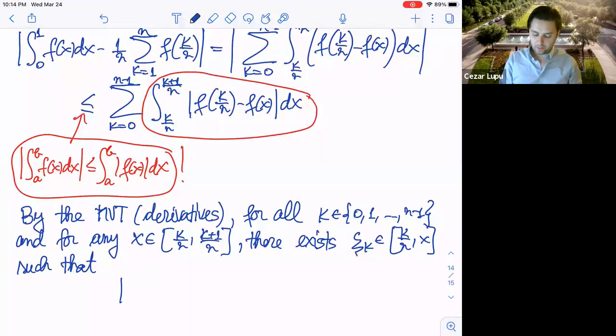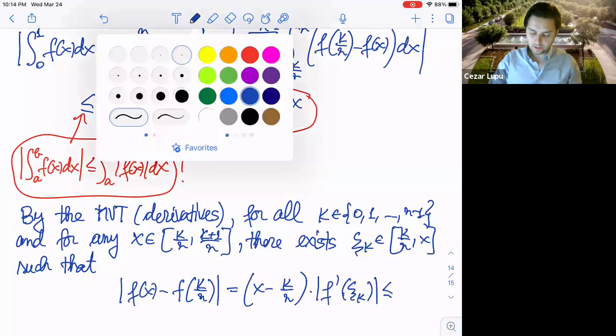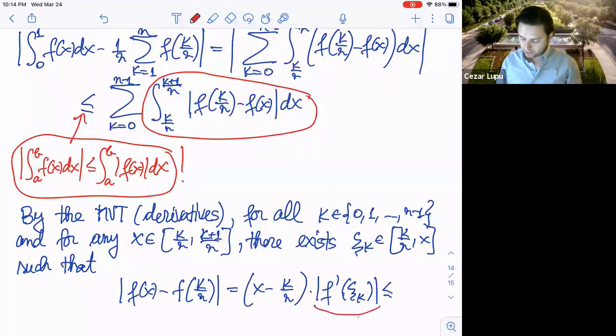the absolute value of f of x minus f of k over n is x minus k over n times the absolute value of f prime of ck. And now we know that the derivative is less than m, so this guy is less or equal than m, we know that.